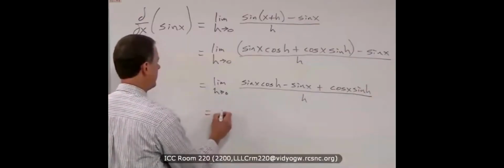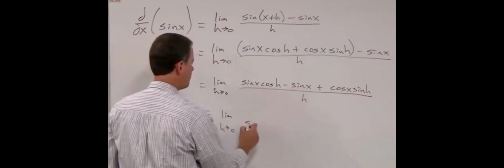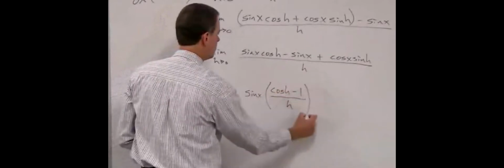Now let's see, what do we get? If I factor out a sine of x, I get cosine of h minus 1 over h. Here I get cosine of x times sine of h over h.